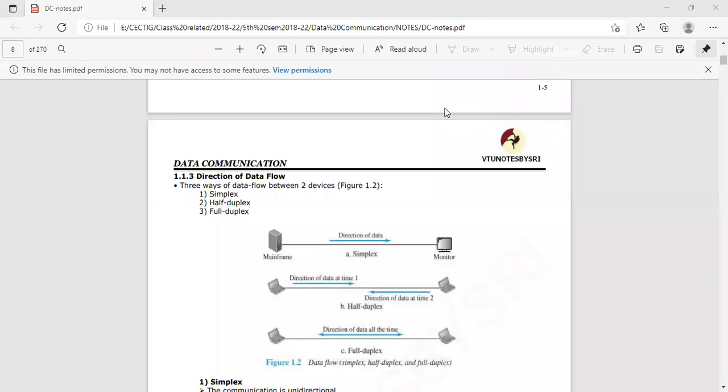So can anyone tell me a real life example of simplex data flow in data communication? Any real life example of simplex mode?